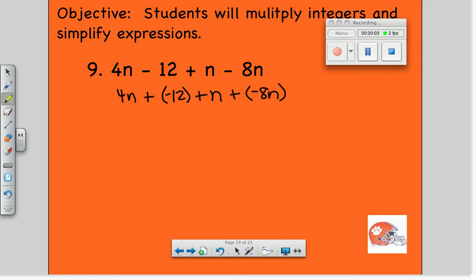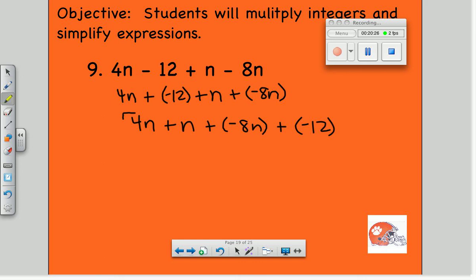Now I can change the order of them. Now that they're all addition, the commutative property of addition says you can add in any order. I want all of my n's together. So I'm going to put 4n with n with negative 8n. And then I'm going to put my negative 12 last. Now I can see what I'm doing here better.